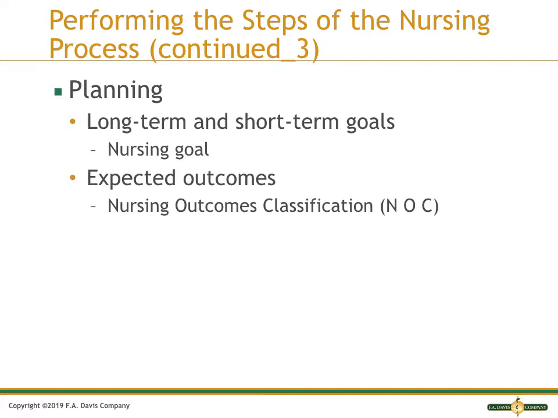All right, so planning is the process of determining priorities and what nursing actions should be performed to help resolve or manage each patient problem. I will repeat that because you might see this on the test. Planning is the process of determining priorities and what nursing actions should be performed to help resolve or manage each patient problem.